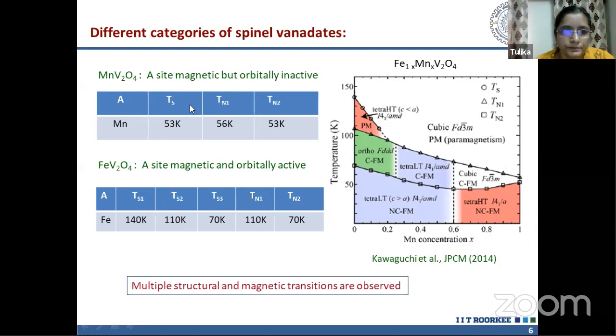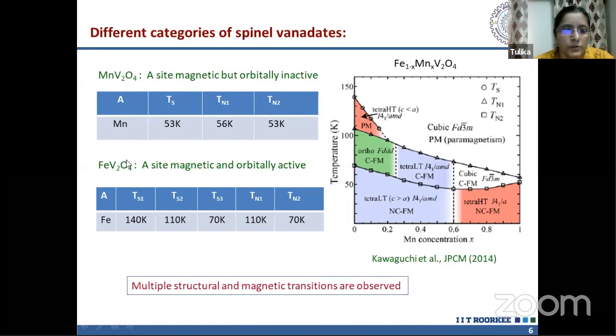So there we see one structural transition, cubic to tetragonal, but two magnetic transitions, one from paramagnetic to ferrimagnetic, where manganese and vanadium spins are oppositely aligned, and then at further lower temperature we see a non-collinear magnetic order, where the vanadium spins cant away from the manganese spins. Okay, so manganese spins are along the c direction, whereas vanadium spins cant away from the c direction. So this results in a non-collinear magnetic order.